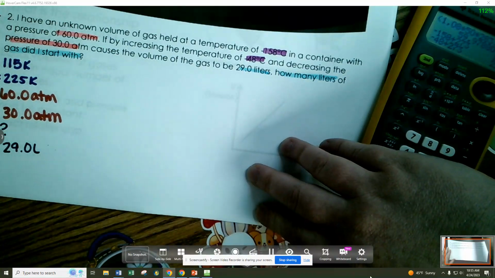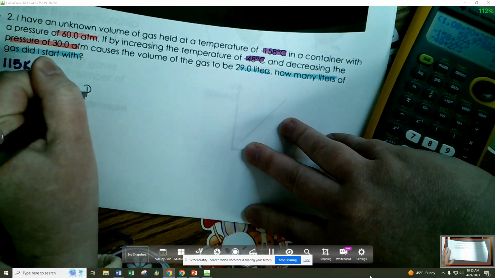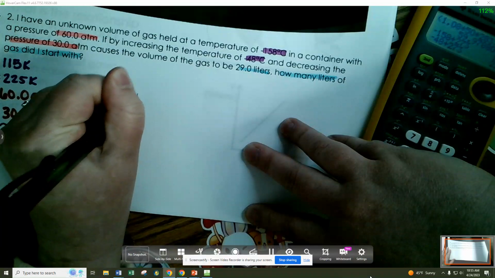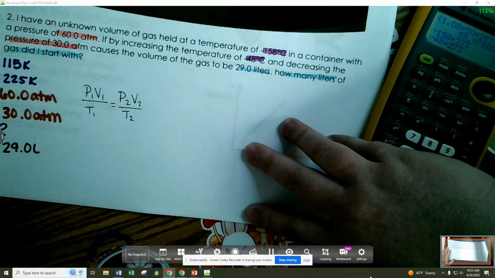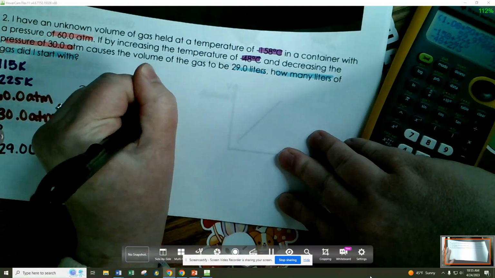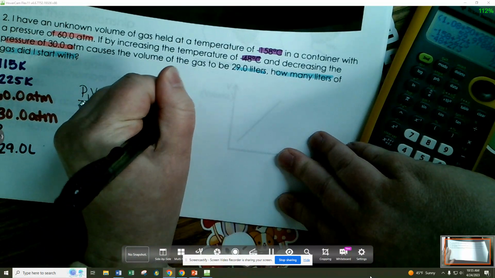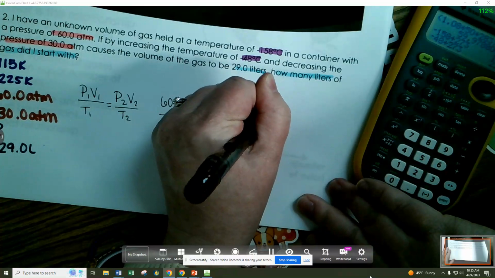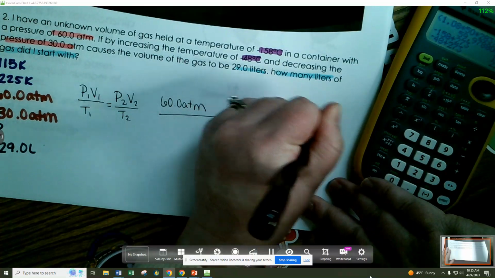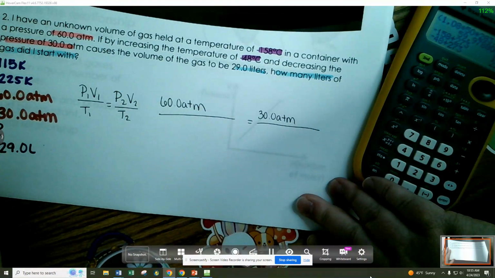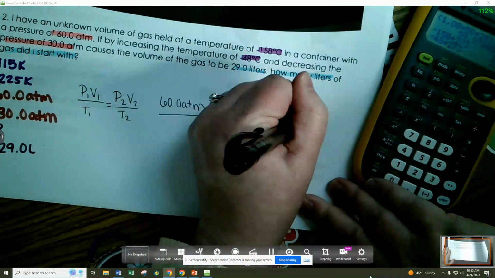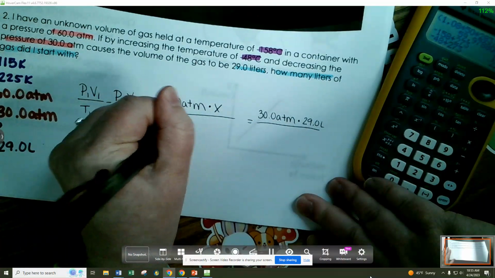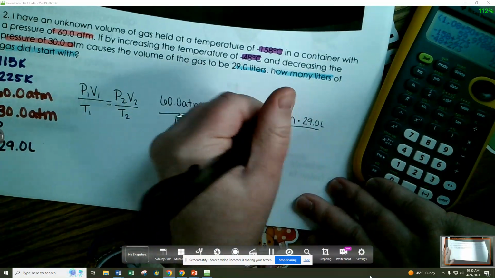Okay. So again, going off of P1 V1 all over T1 is equal to P2 V2 all over T2. Substituting in, my V1 is my X, my V2 is the 29, T1 is 115, and T2 is 225.